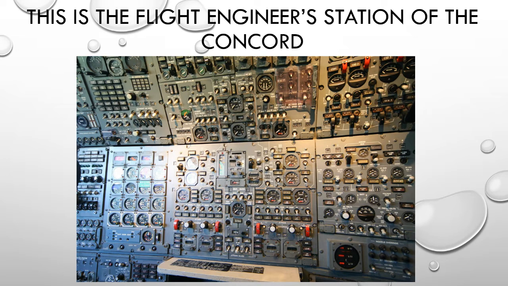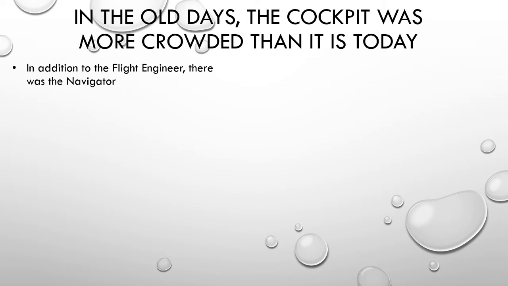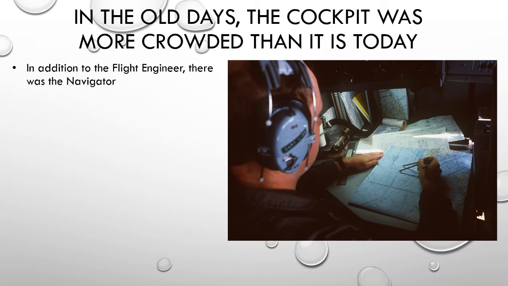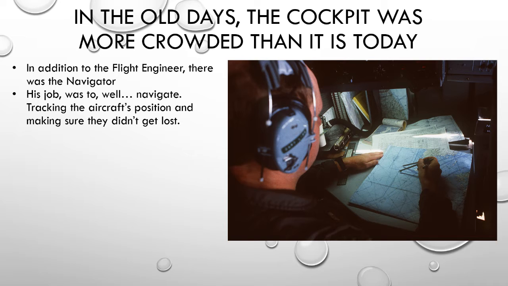And the next person in the cockpit is the navigator. Now the navigator's job essentially is to navigate, tracking the aircraft's position, and for the most part making sure they didn't get lost. As with many jobs, the computer rendered the flight engineer and the navigator obsolete.